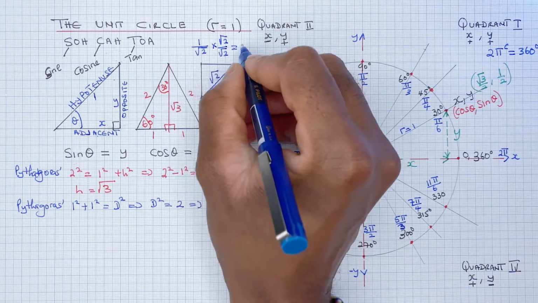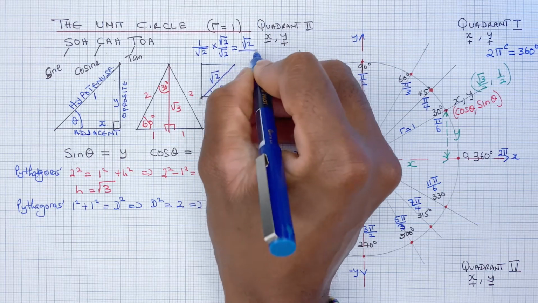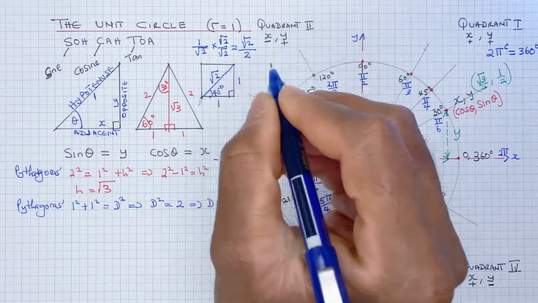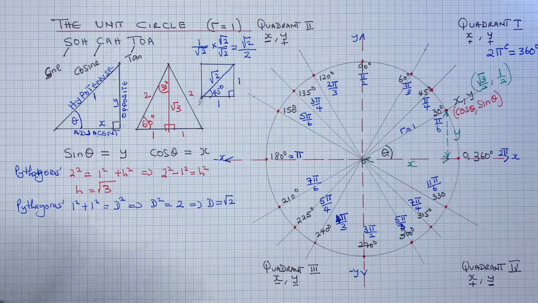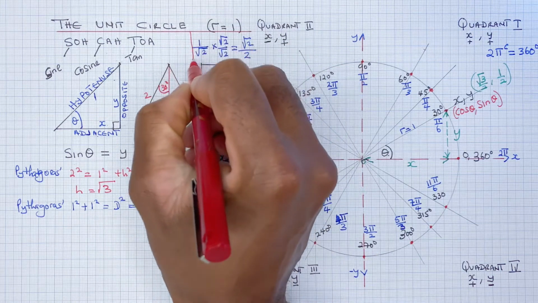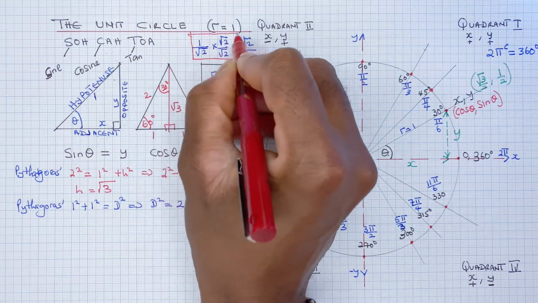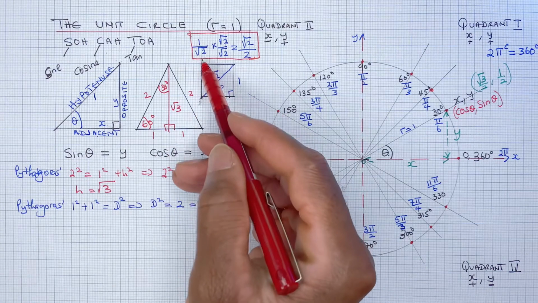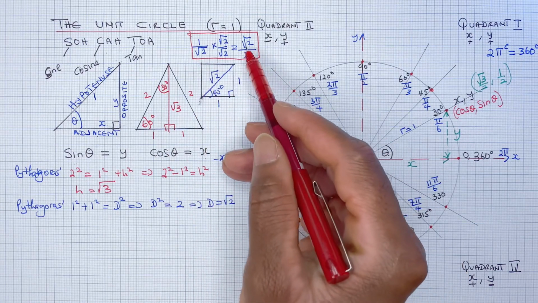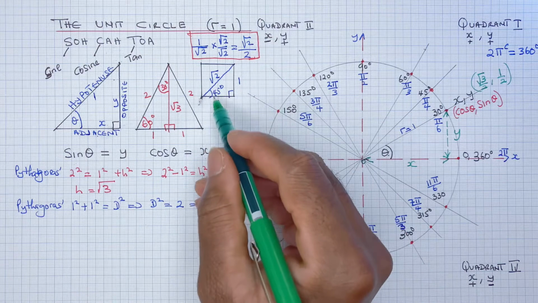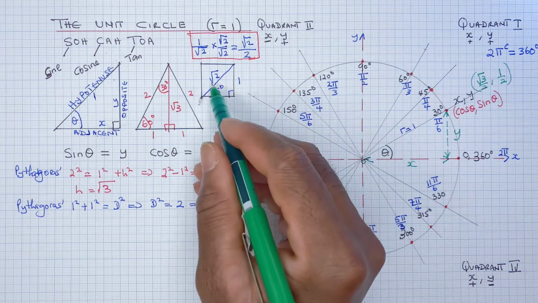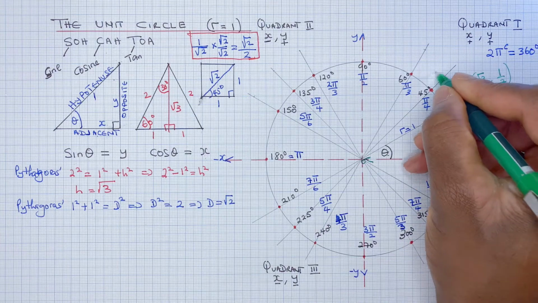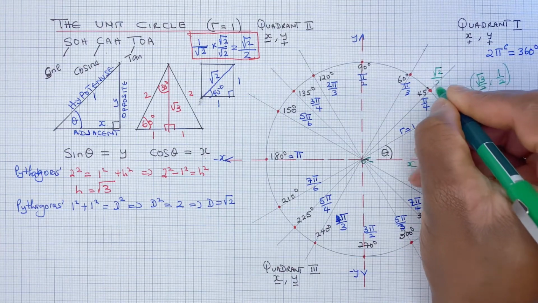Root 2 times 1 is root 2, over root 2 times root 2, which using indices is just 2. So 1 over root 2 is root 2 over 2. You'll see it in some books, they write 1 over root 2, but they should really write root 2 over 2. Cos 45 is 1 over root 2, which is root 2 over 2. So you write here root 2 over 2.